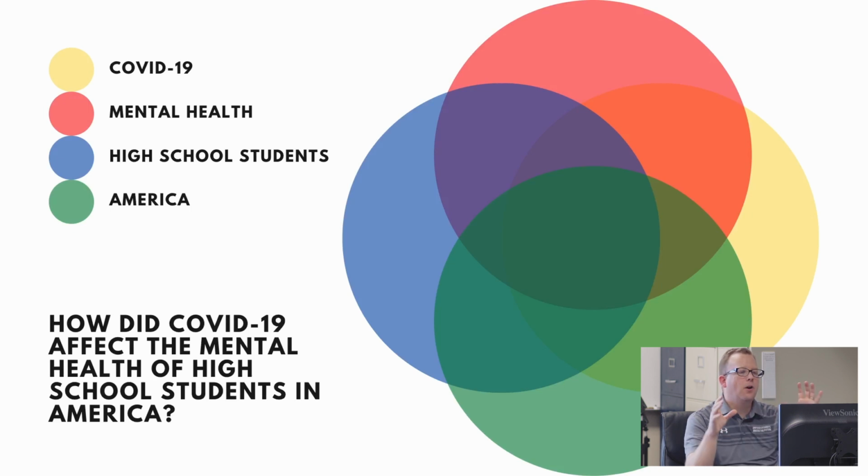This helps you know, okay, I can search some of these together, but even then, I can just get information on COVID-19. I could get information on mental health. I can get information on high school students. I can get information on America, but especially in those areas where they overlap with each other, there might be some really relevant information to the paper that I would hypothetically be writing. So I hope that makes sense.